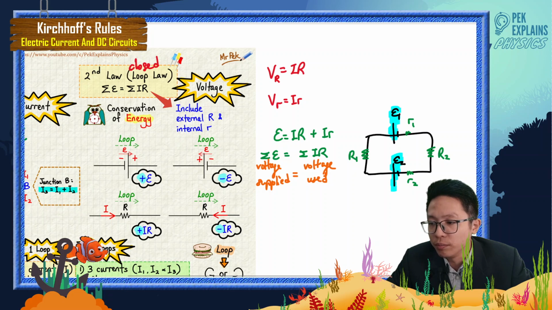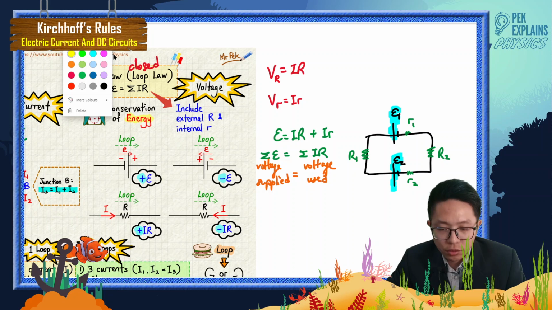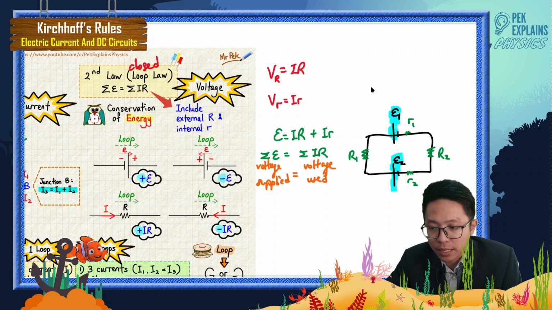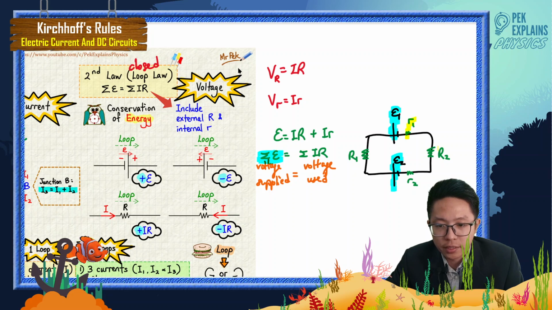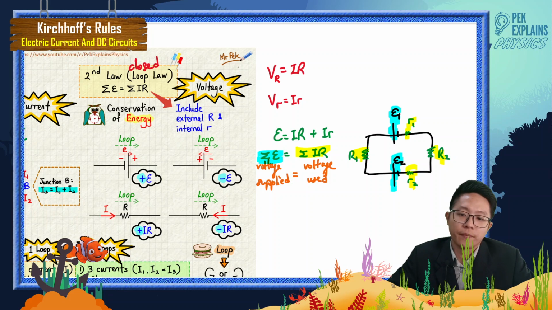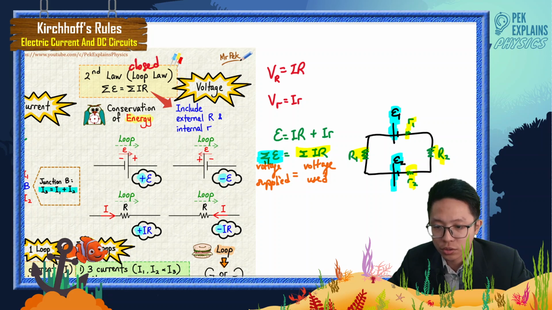So the total EMF supplied by the batteries, the voltage supplied by the batteries, must be equal to the voltage consumed. Let me write it. The total voltage supplied by the batteries must be equal to the voltage consumed by all these resistors, the voltage used, for a closed loop.